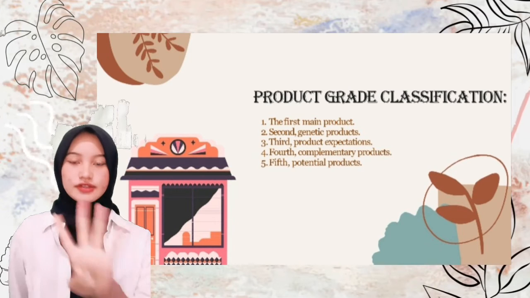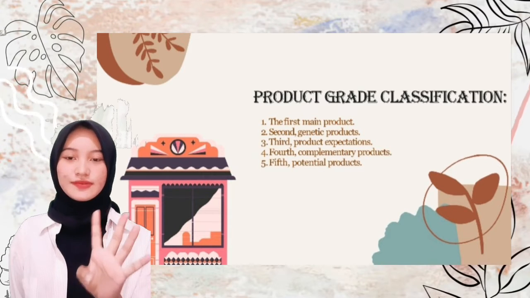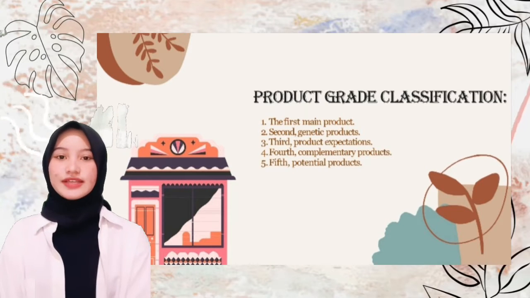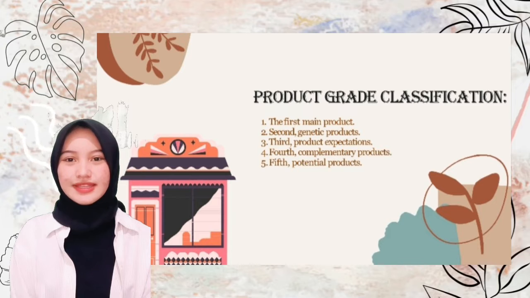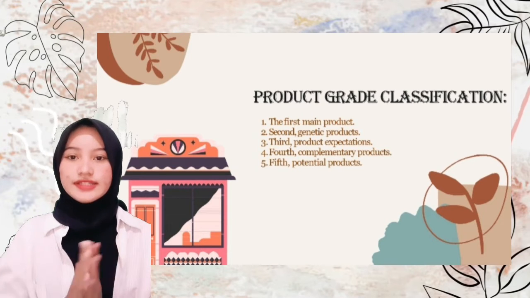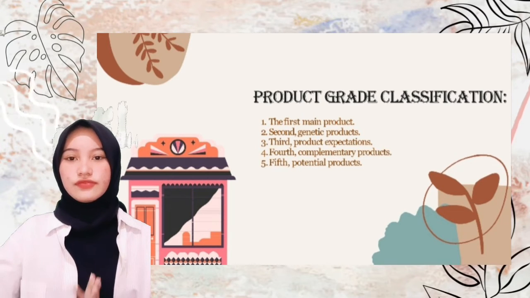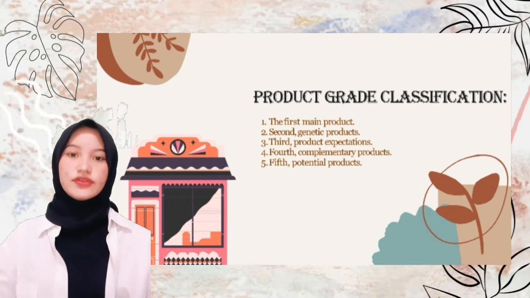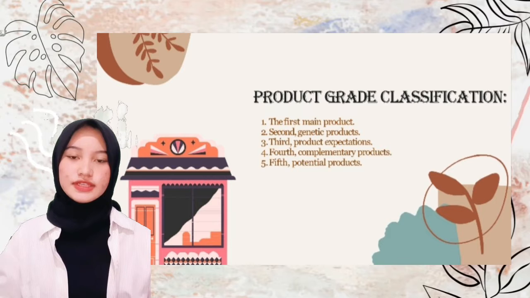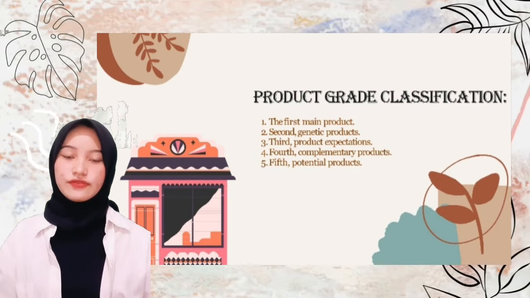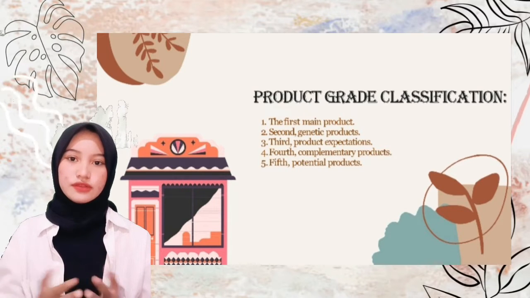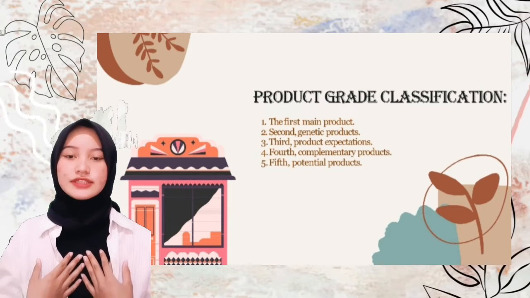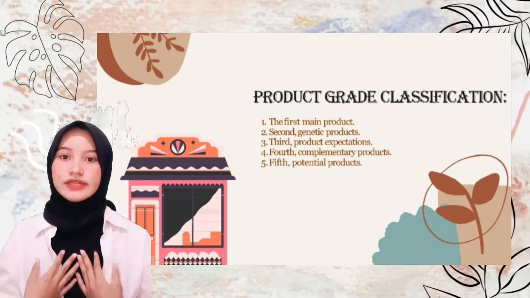And number 4 is complementary products. Complementary products are various product attributes that are equipped or achieved with various benefits and services so that they can provide additional satisfaction and can be distinguished from foreign products. For example, the computer comes preloaded with high-end image processing software for no extra cost or at a deep discount.